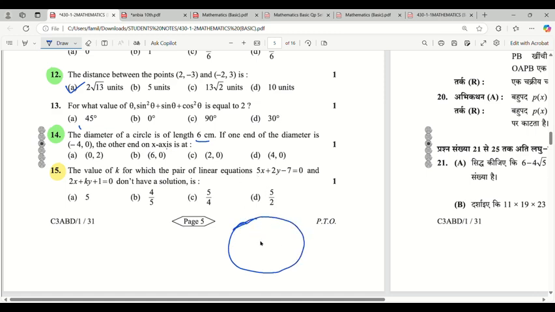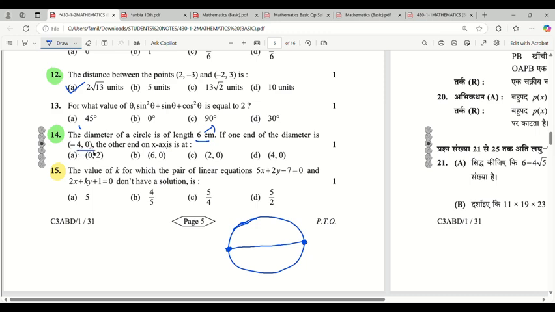Okay, so whatever. See, this is a circle. Now any 2 points on the circle combine and make a diameter. If they are joining, there will be a distance between them. That distance is already mentioned as 6. That distance is nothing but the diameter. The measurement of the diameter is nothing but the distance between them.